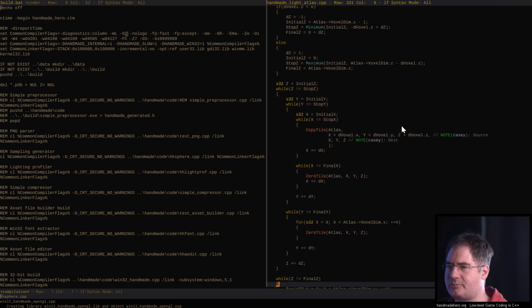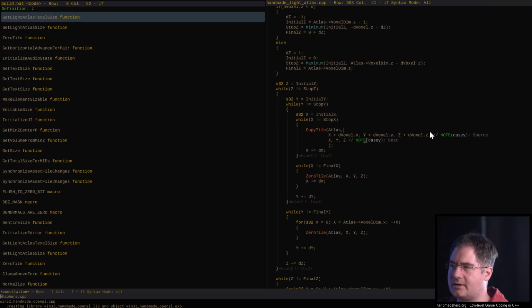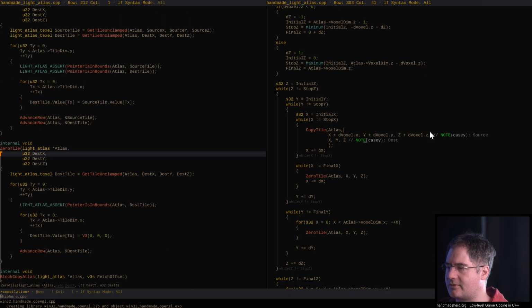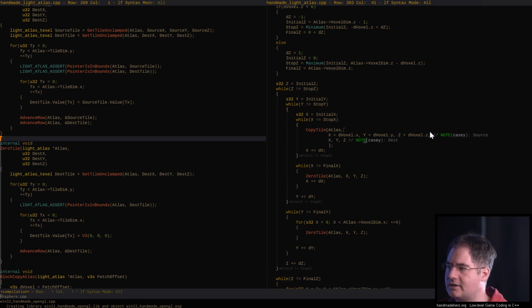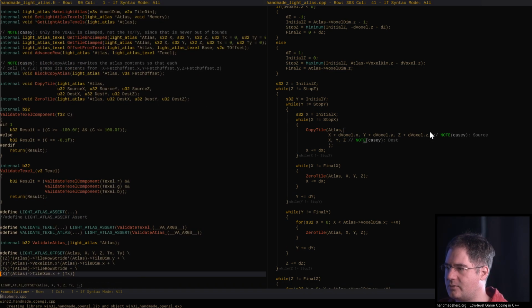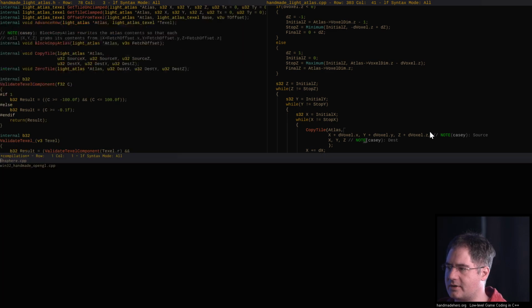Now, we probably should put some asserts in here. I don't know if we did that already. Yeah, we have the light atlas assert that we can turn on. So let's go ahead and turn that on so that we have some validation about what's going on here.